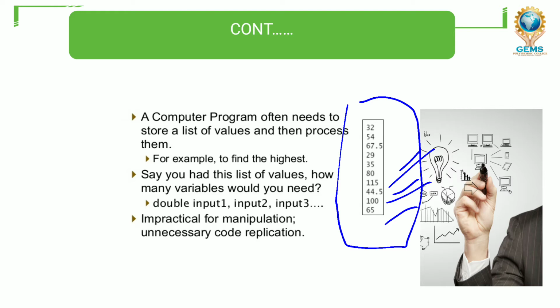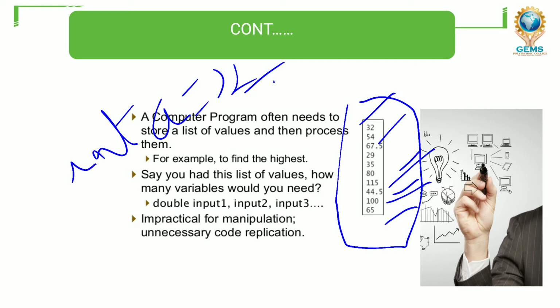If you want to store 32, as usual, following the data type method, I can simply declare the variable: int a = 32. I declared the variable and sent the value 32 into that variable. So the first number is over. Then again 54 is there. What do I have to do for 54?